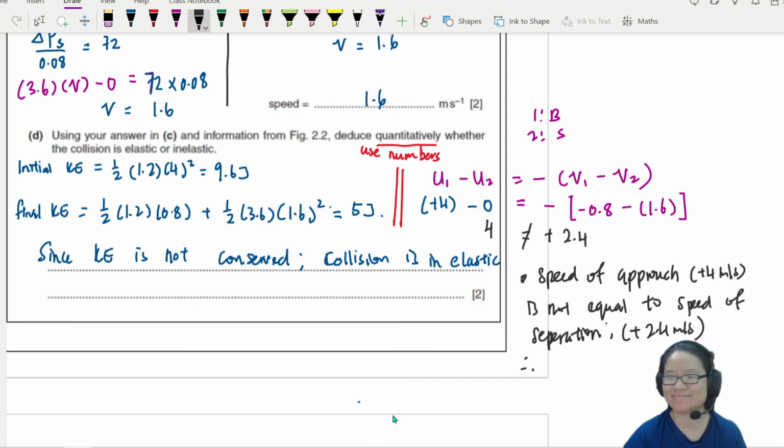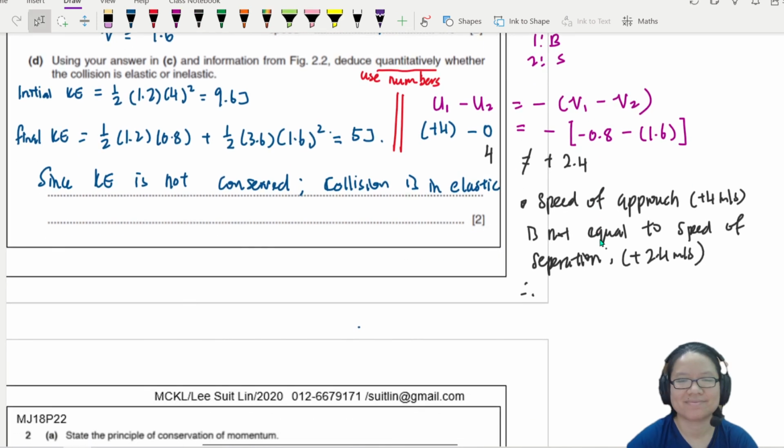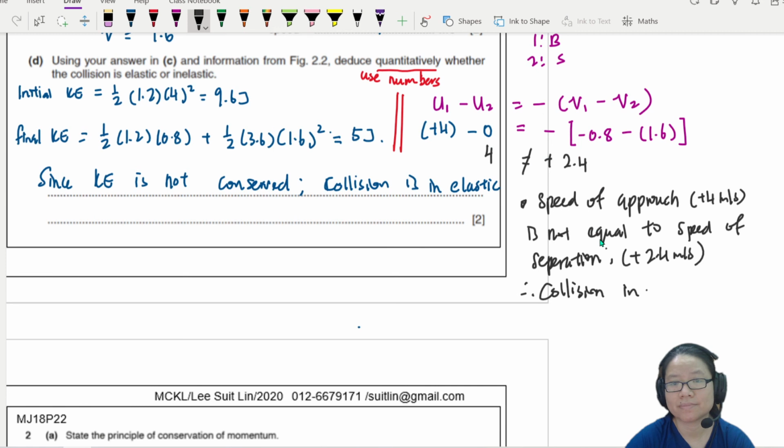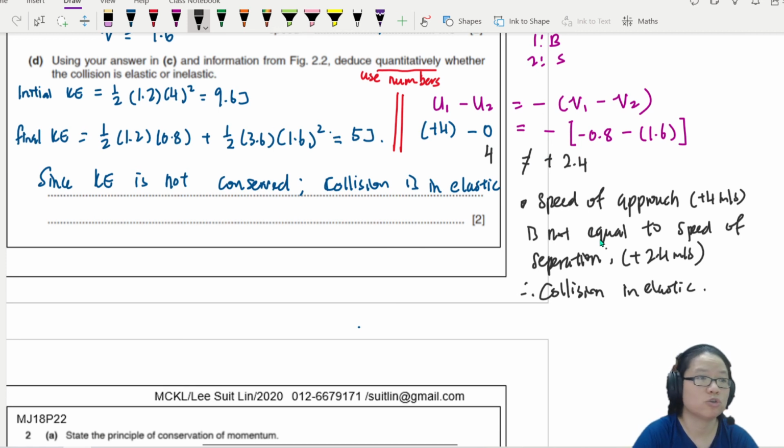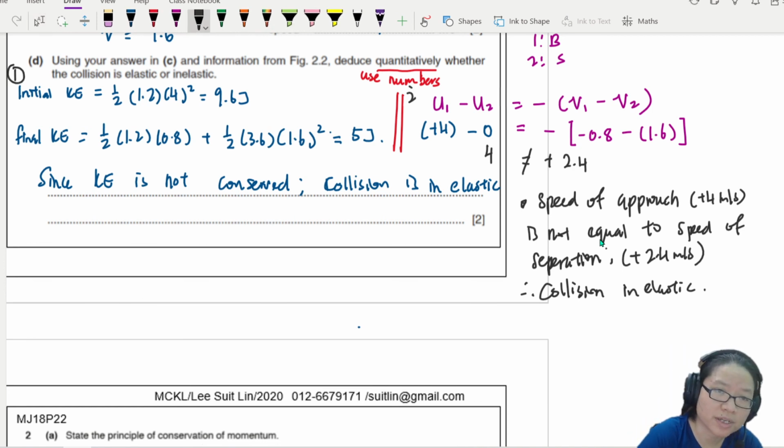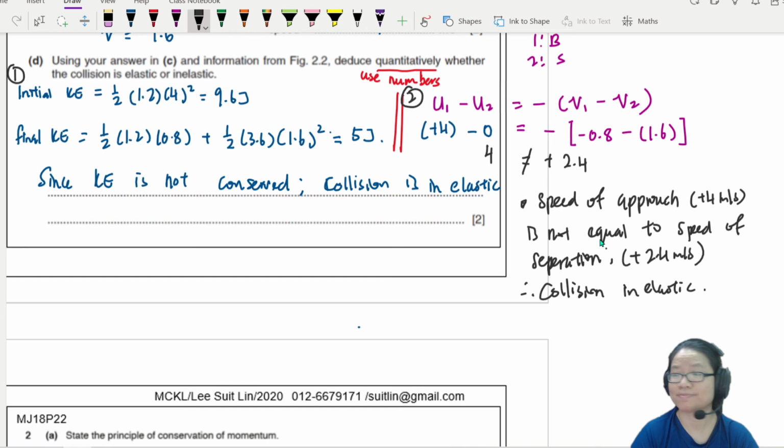Hence, collision is not elastic. All right. So you can use KE as method 1. You can use the relative velocity equation as method 2. Make sure you write a conclusion.